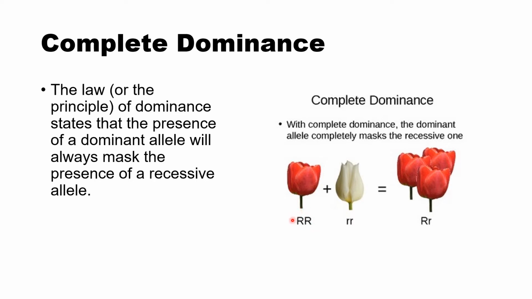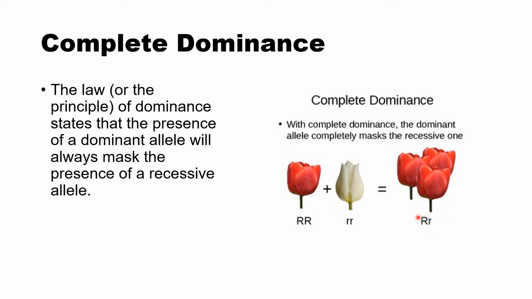Yung dominant allele, yun yung lalabas. Kung ano yung i-dictate na phenotypic characteristic, in this case is red color ng flower. Kung ano yung i-dictate na phenotypic characteristic ng dominant allele, yun yung lalabas doon sa offspring. So as you can see, yung offspring, since nag-cross yung dominant at saka recessive, naging heterozygous na siya.